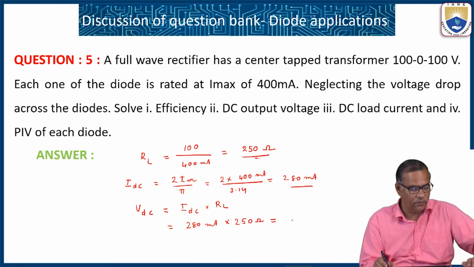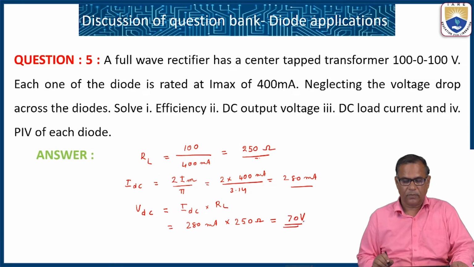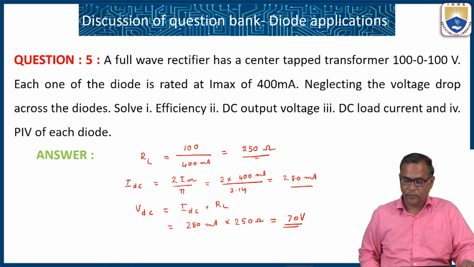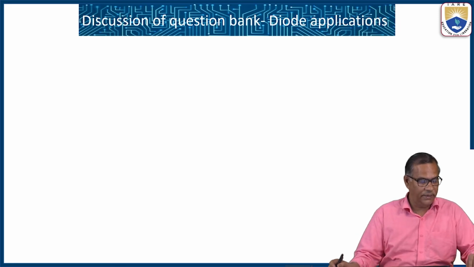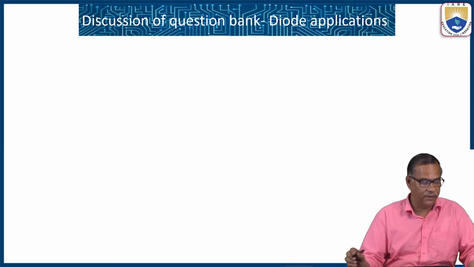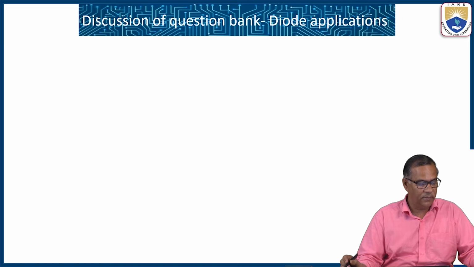So this is equal to roughly 70 volts. Next, let us calculate the DC load current. So IDC is equal to, we have already calculated, it is 280 milliamperes.